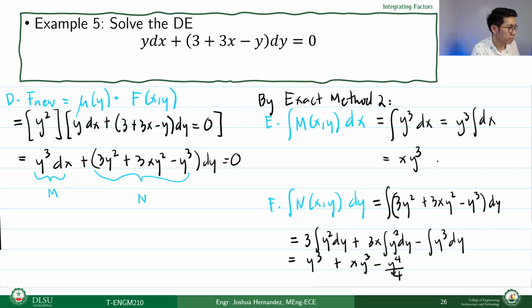We can call this equation E or equation C, equation D. Kahit ano naman yan, pwede.